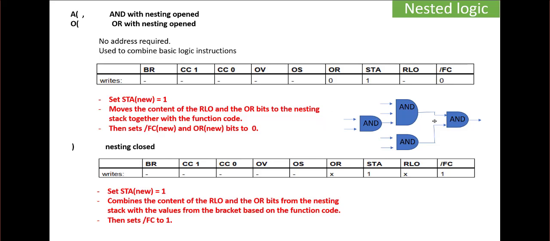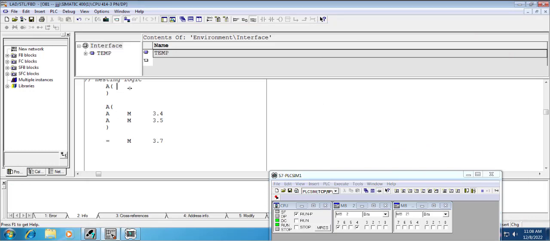Now let's move to this part. In this part, we have another AND operation. So let's start adding it one by one. We first have AND M3.0 for the first branch and M3.1 for the second branch.